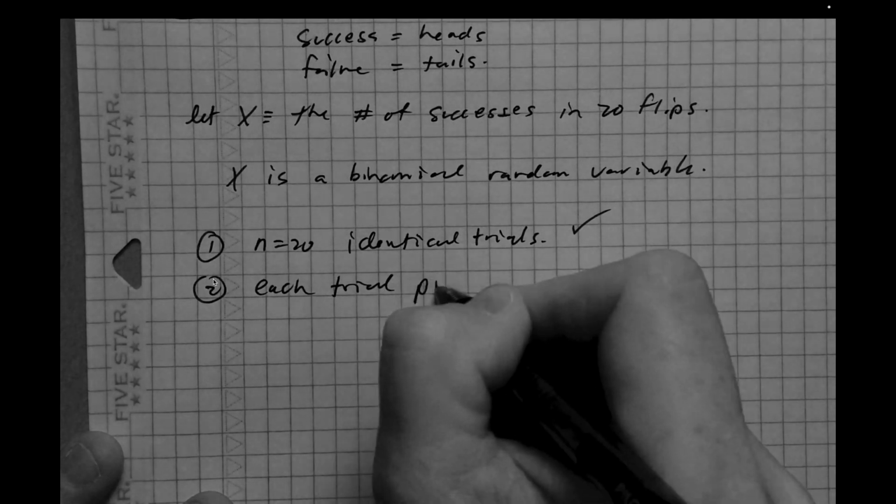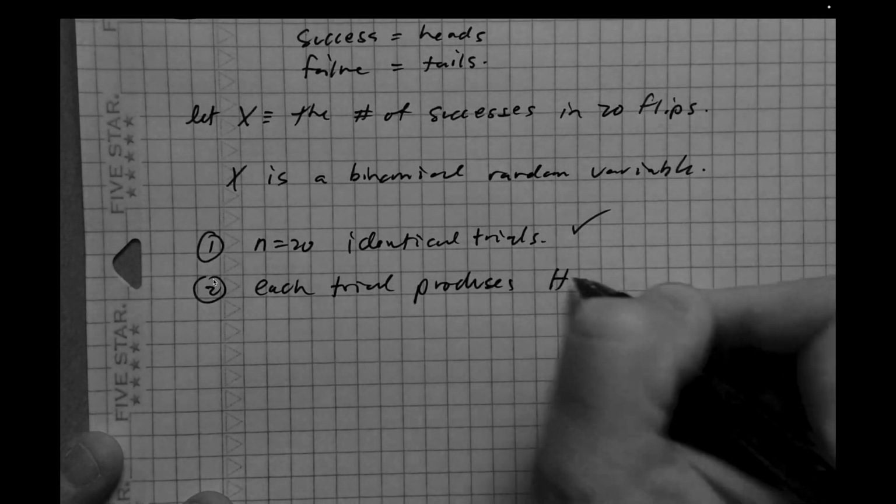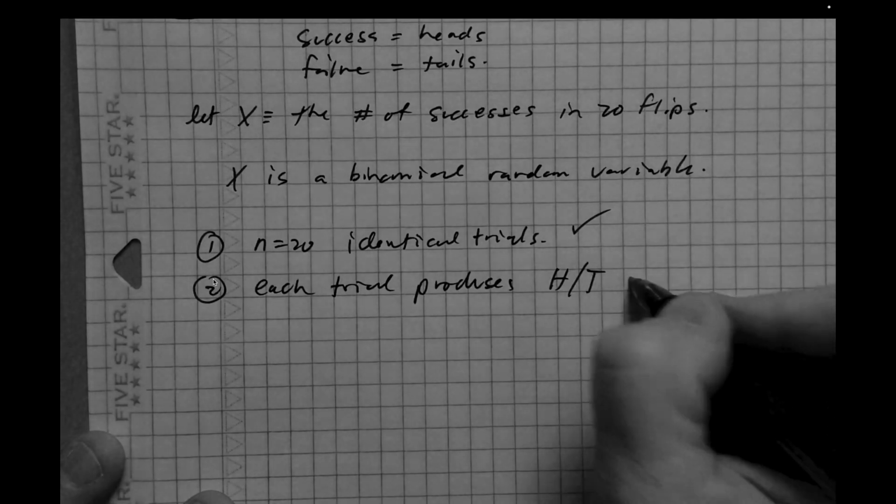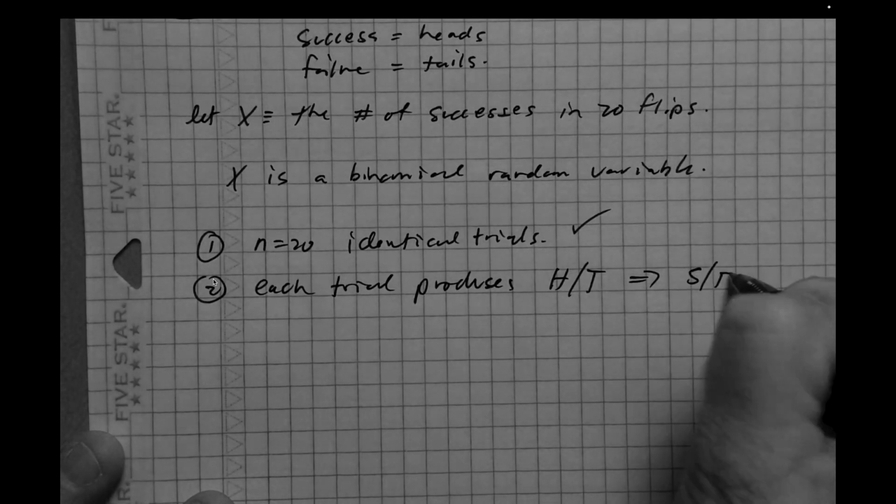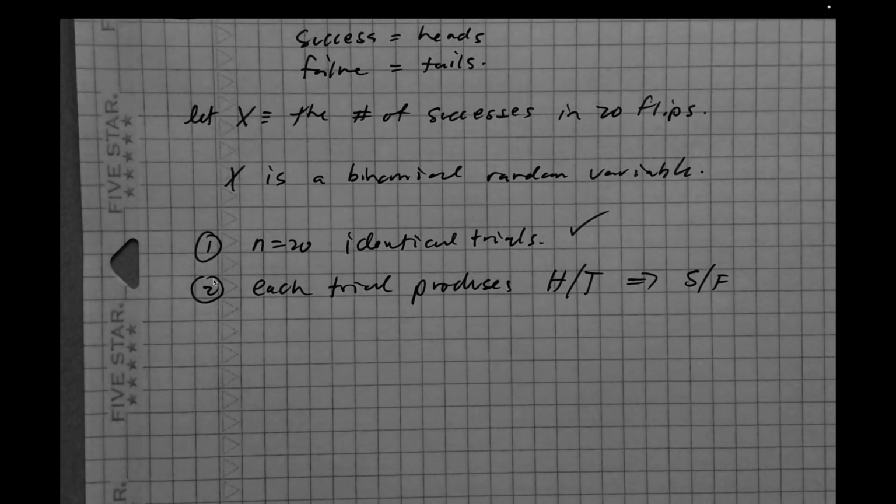Each trial produces H or T, heads or tails, otherwise known as a success or failure. Check. The third requirement was that the probability of success on a single trial is the same for all of the trials in the experiment.